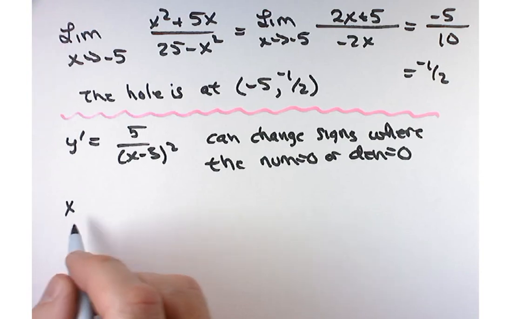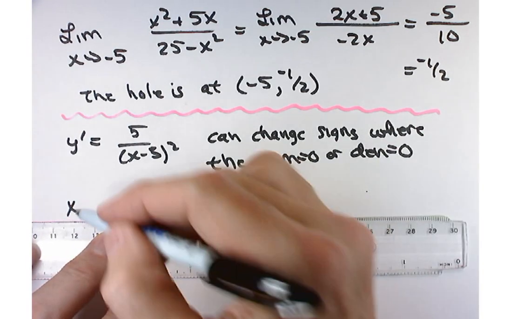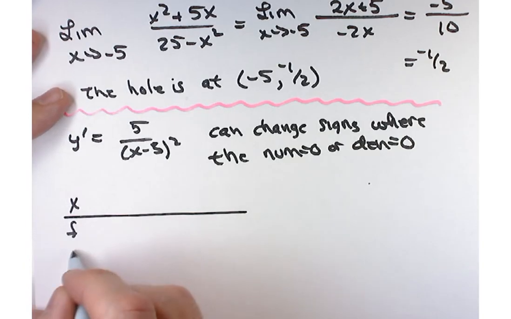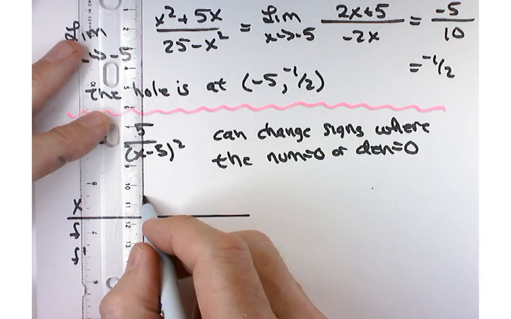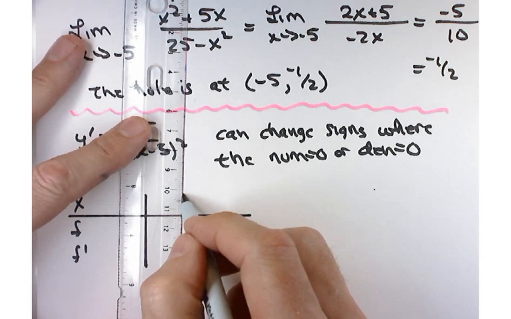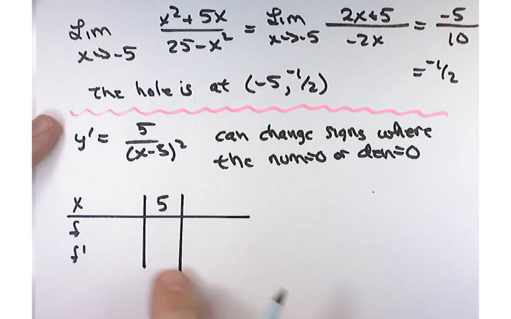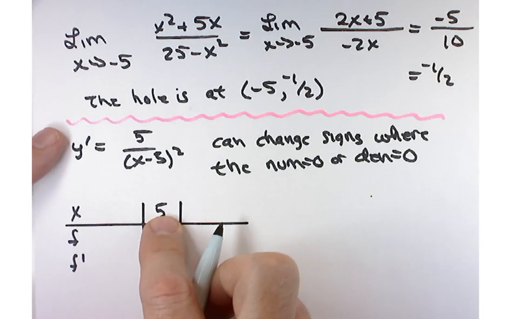So in order to see what's going on with this function, we're going to make ourselves the same little chart that we made in some of our other ones: x, f, f prime. And then I can put in a 5 here in the middle. Now the function and its derivative don't exist at this point.